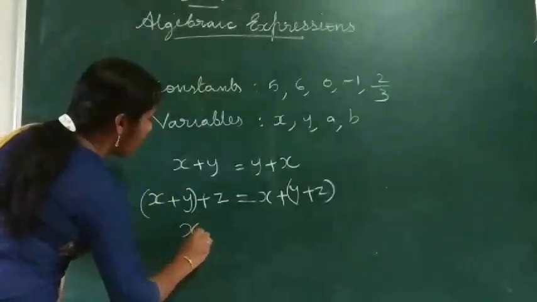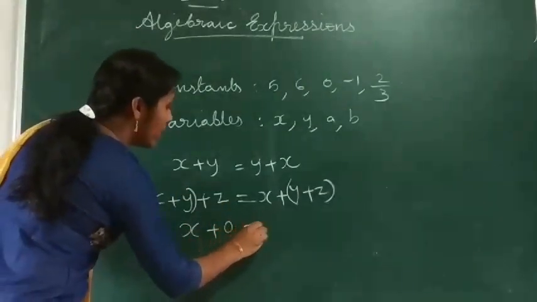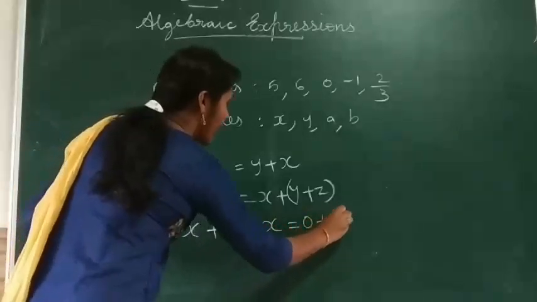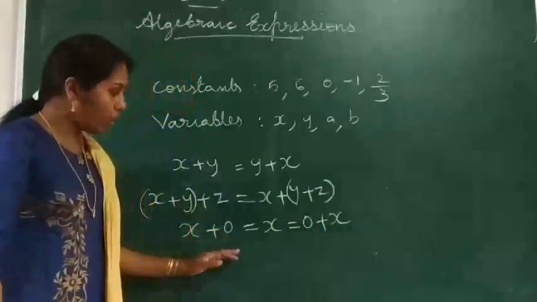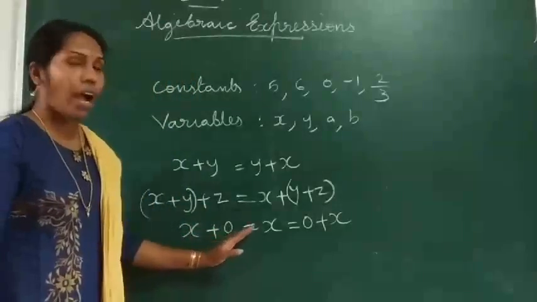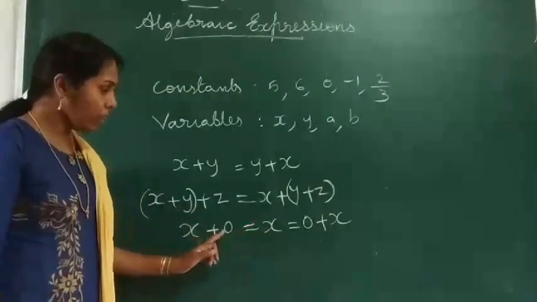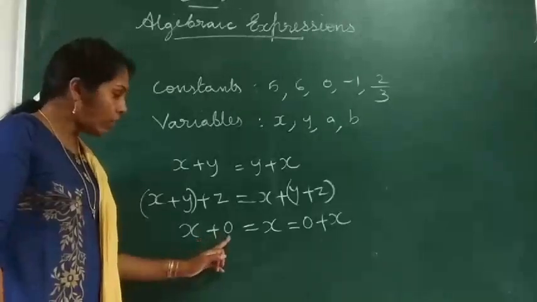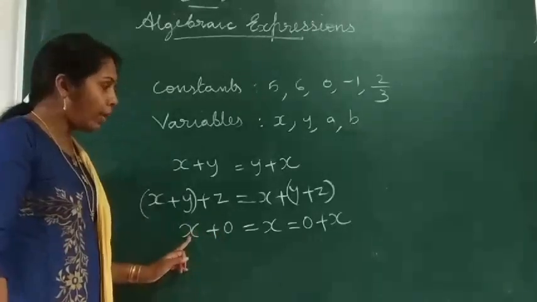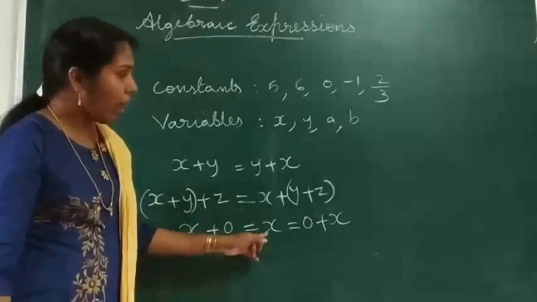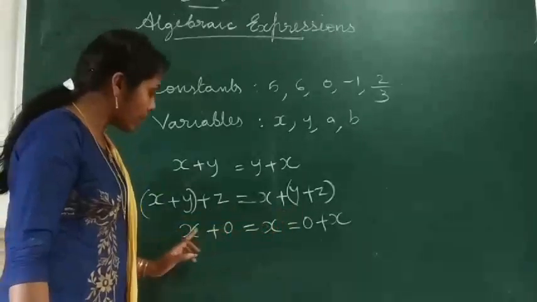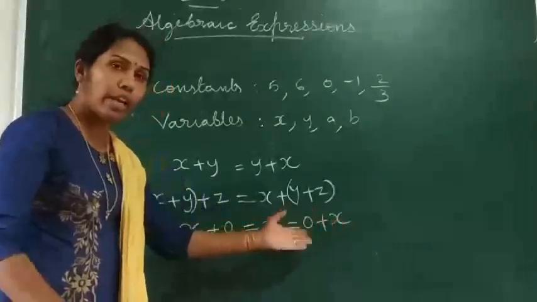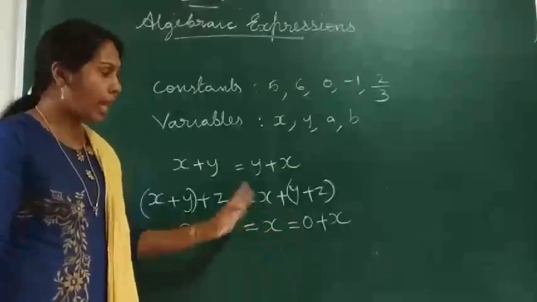Now, x plus 0 is equal to x is equal to 0 plus x. This rule is known as the existence of additive identity. The additive identity is 0. Whenever we add 0 to any numerical value, the answer will be the same, and x plus 0 is equal to x is equal to 0 plus x. In both ways, the answer is the value itself.